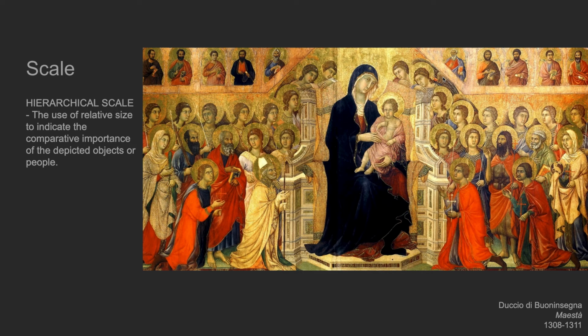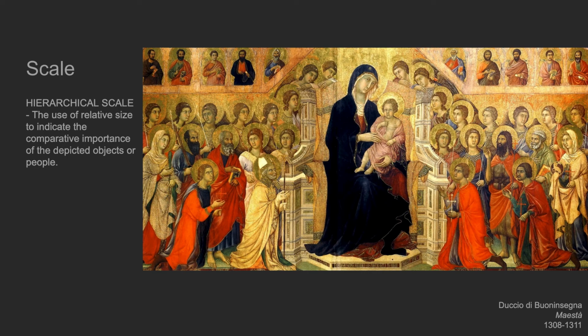There's such a thing as hierarchical scale. Hierarchical scale is the use of relative size to indicate the comparative importance of the depicted objects or people. So, in this artwork, what is the most important thing?